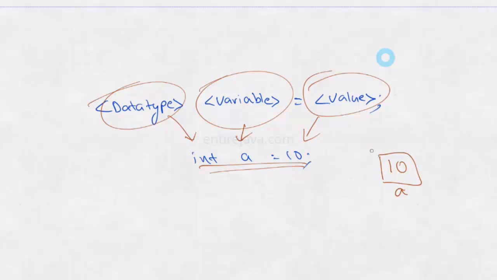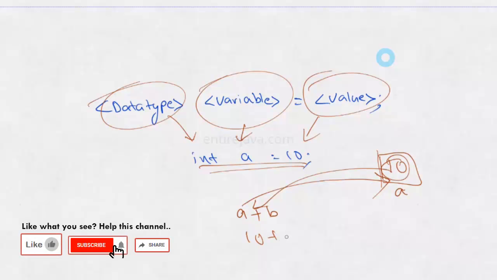So variable in essence is nothing but this memory location. So down the line, if you do a plus b, the interpreter tries to look at the memory location with an identifier a and get the value inside it and replace this letter a with 10. So behind the scenes it does 10 plus, let's say, 20.